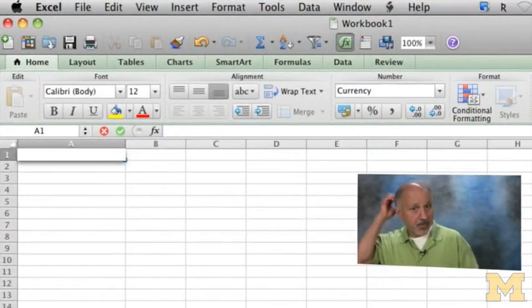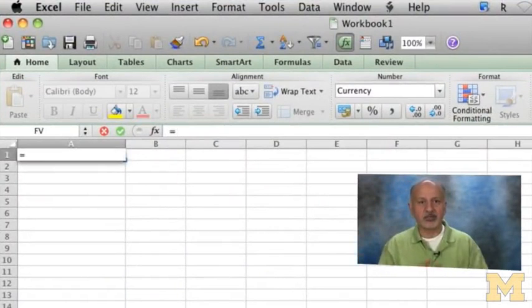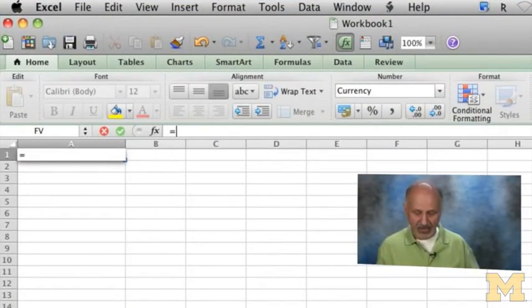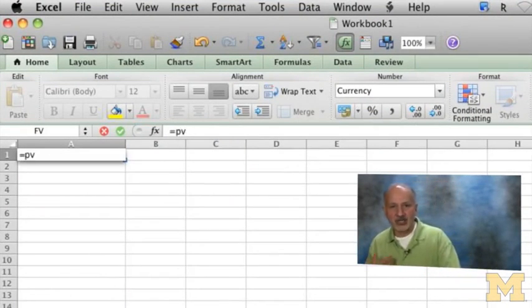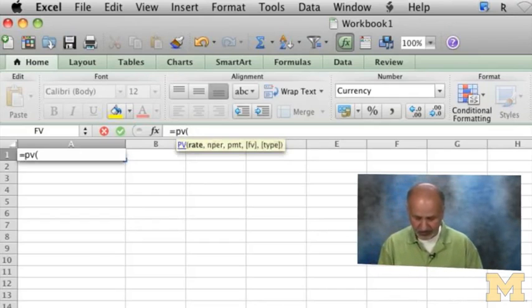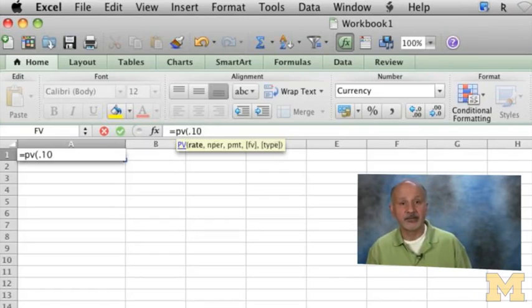So let's show you Excel again, and the problem I will do is the 2-year problem. What is it that I'm trying to calculate? The critical thing to remember is to put the function that I'm trying to solve for. So I'm doing PV, right? And the rate was what? 10%.